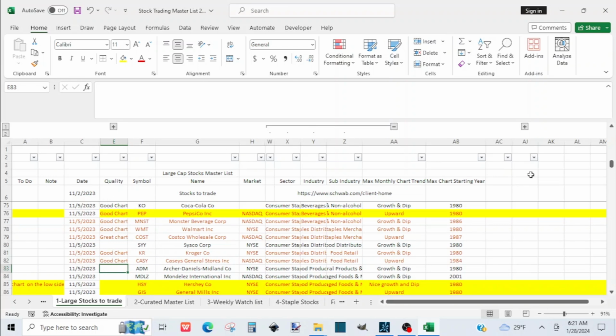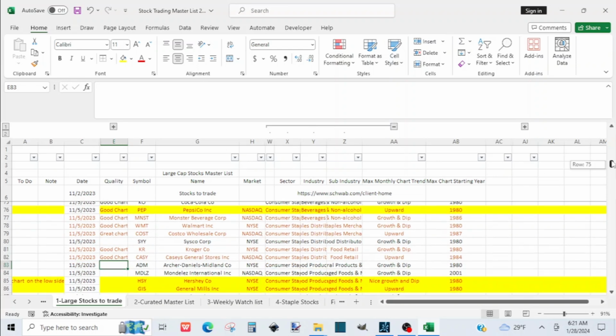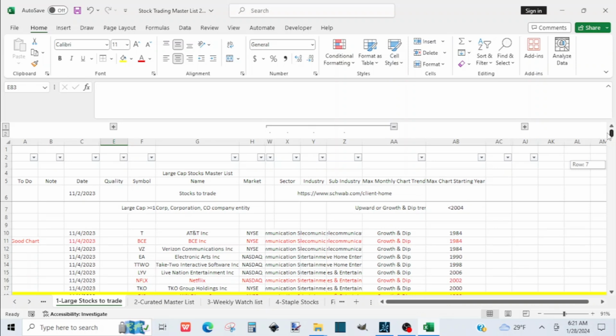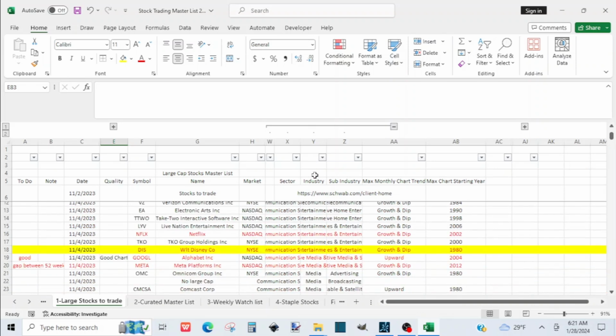And I have about 300 on my list or so, and I curated them again by analyzing the charts one by one using Thinkorswim. Like on chart swap, I use growth and dip and upward to filter down to that 300, and I use Thinkorswim charts to see the ones that are classified as good charts and the ones that are kind of so-so.